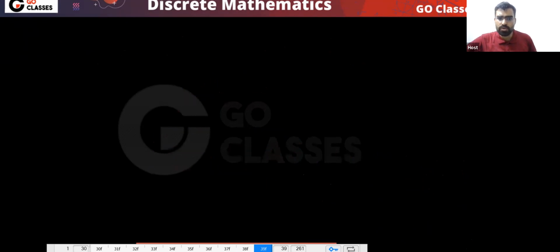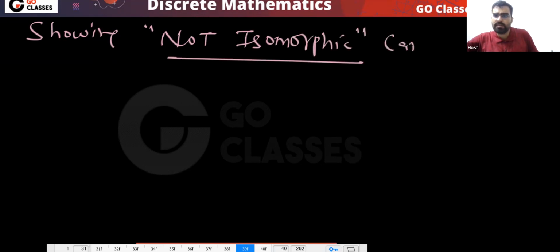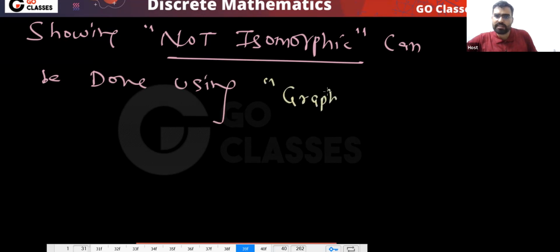But showing that graphs are not isomorphic is easy. Showing not isomorphic can be done very easily, using something called graph invariants.